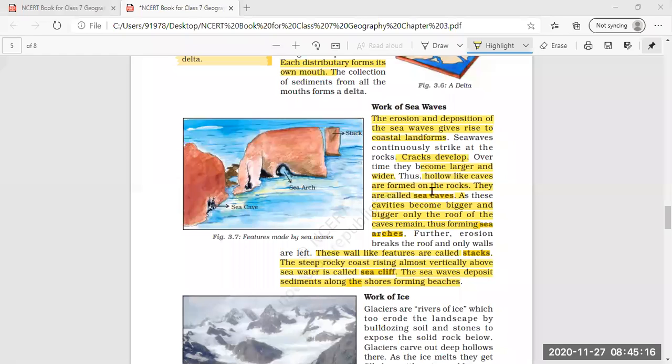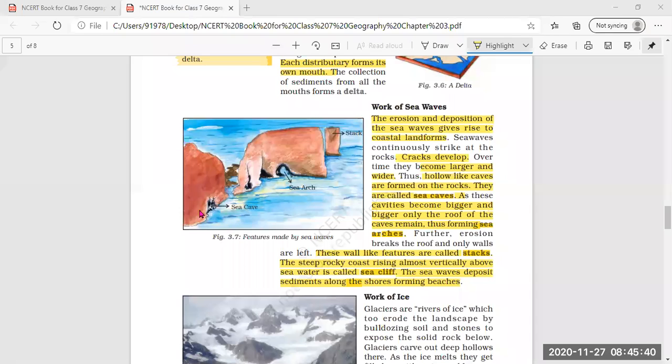Fine. Now we'll continue. The cracks in the rocks develop just because of the continuous strike of the sea waves on the rocks. Over time, they become larger and wider, and thus hollow-like caves are formed.